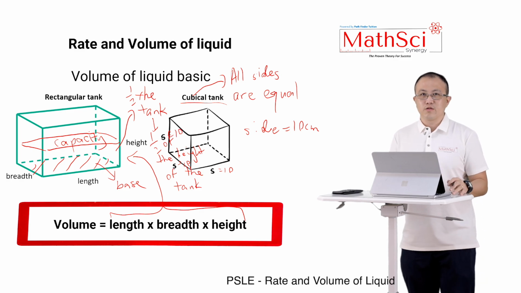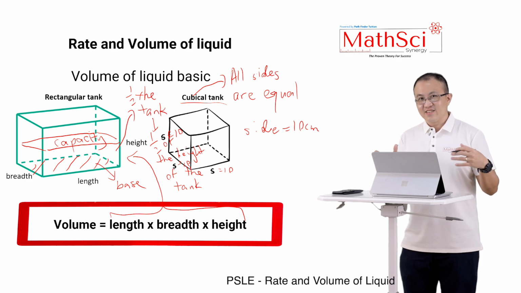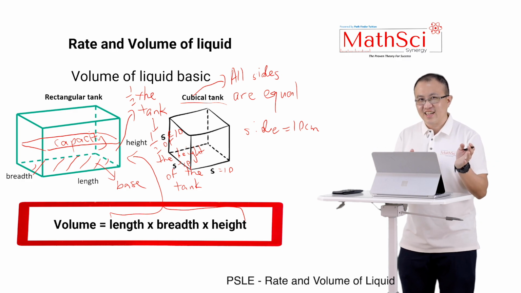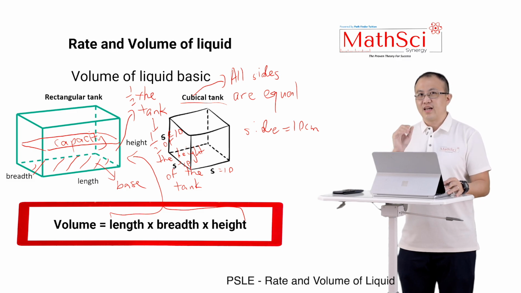There's no further requirement for them to tell you that the length is 10, the side is also 10, and the height is also 10. No, they won't say that. They will just say cubical tank, then side is 10. They might even only label one side, because you are expected to know that a cubical tank means every side is the same. Okay, so far so good.